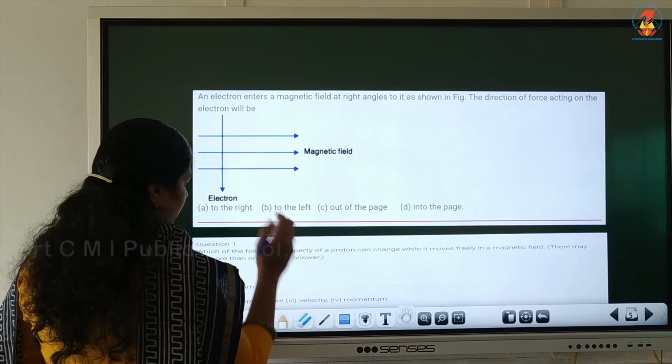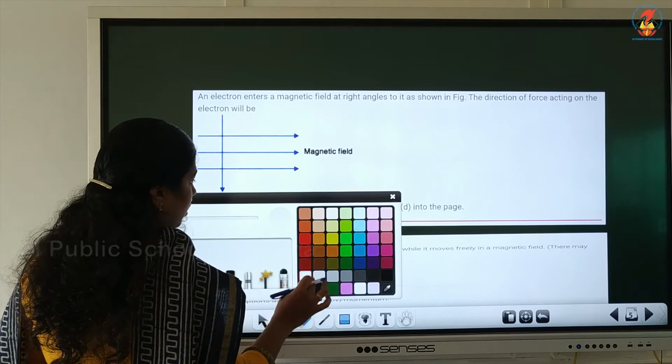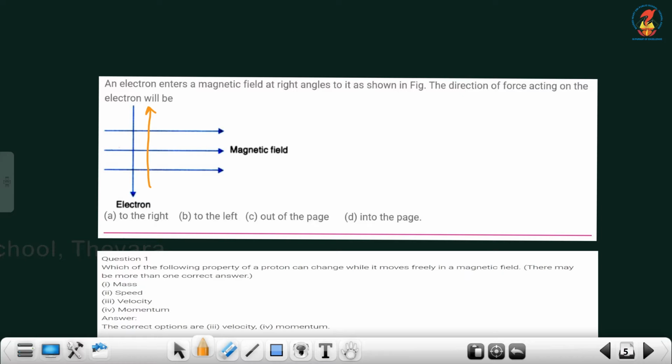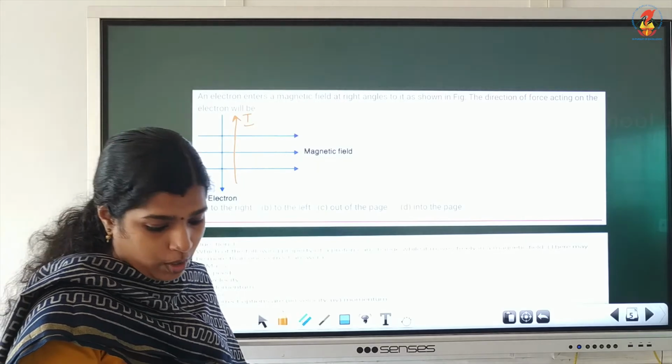Conventionally, we take current from positive terminal to negative terminal, that is just opposite to the flow of electrons. Okay.